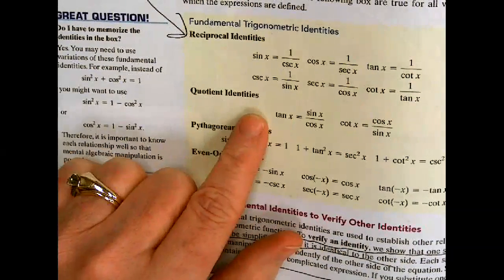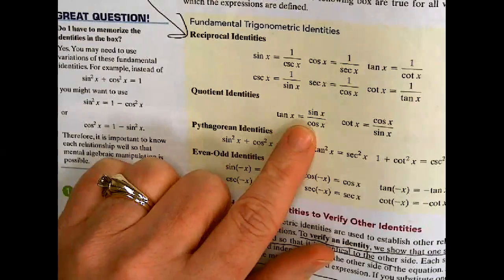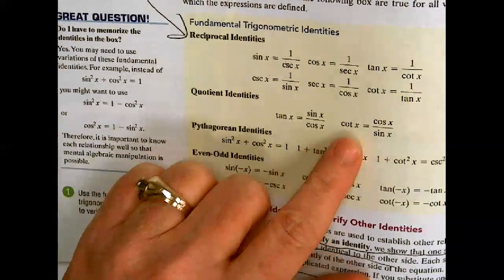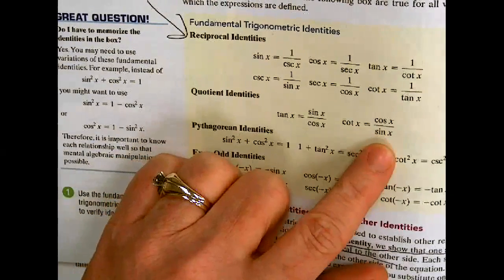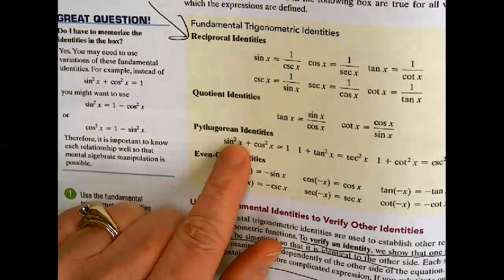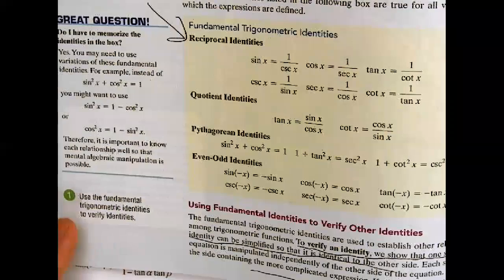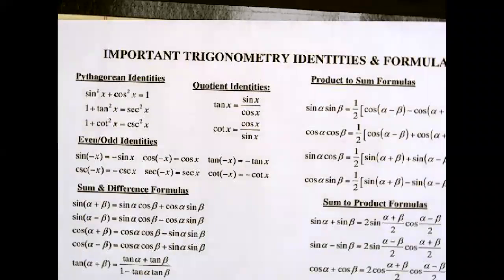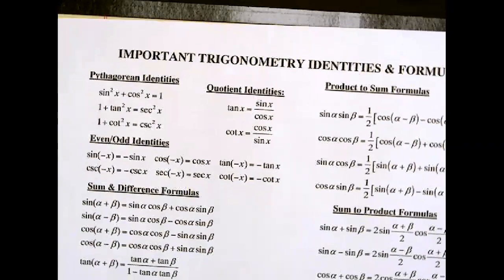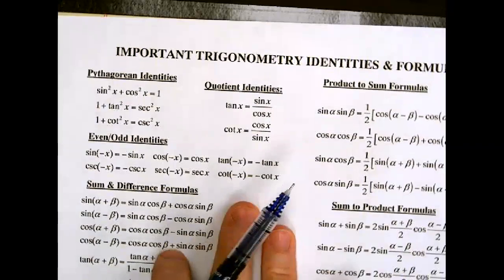There's some quotient identities, which tells you that tangent is really sine over cosine, and cotangent would be the reciprocal of that. There's Pythagorean identities and even odd identities. We won't really talk about those today. They're also listed like that on this sheet, but on this sheet you have a whole lot more.